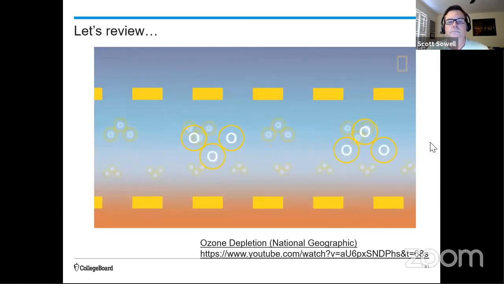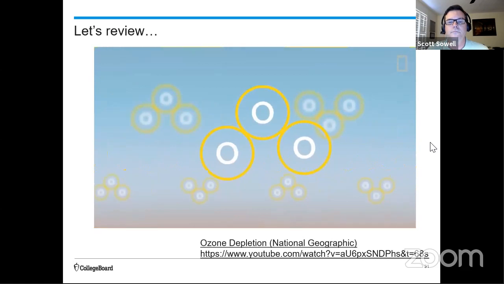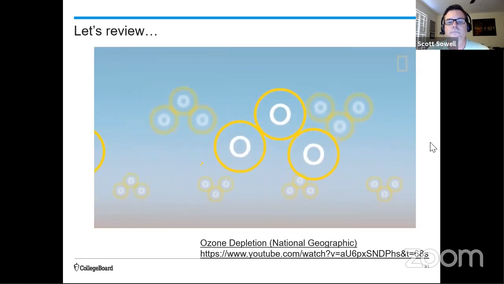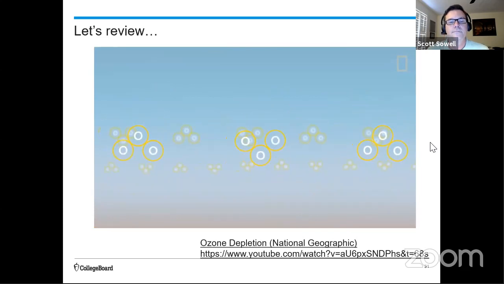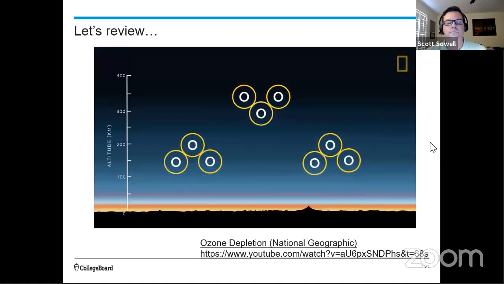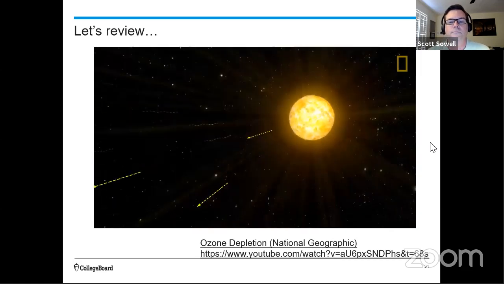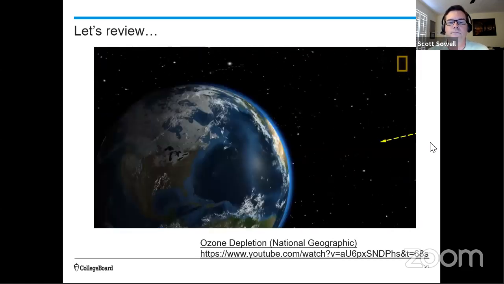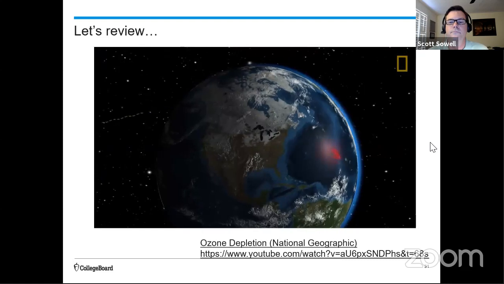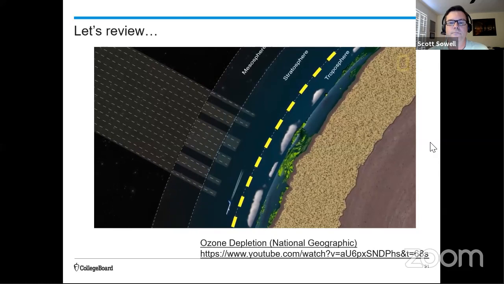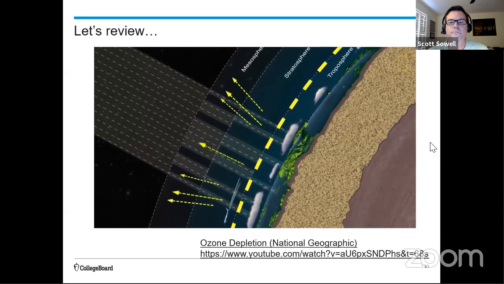The ozone layer is made up of a highly reactive molecule called ozone, which contains 3 oxygen atoms. Ozone is a trace gas in the atmosphere. There are only about 3 molecules for every 10 million molecules of air. But it does a very important job. The ozone layer acts as Earth's sunscreen, absorbing about 98% of damaging ultraviolet or UV light.